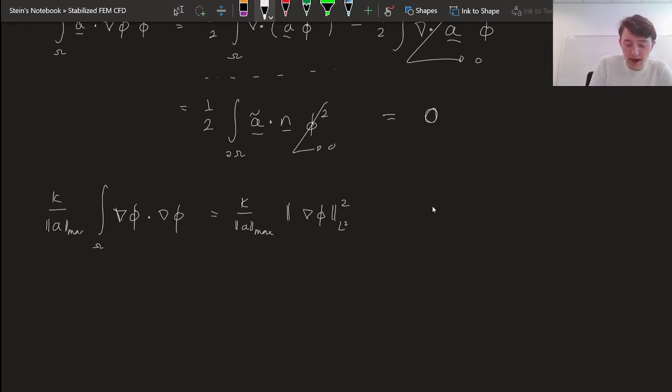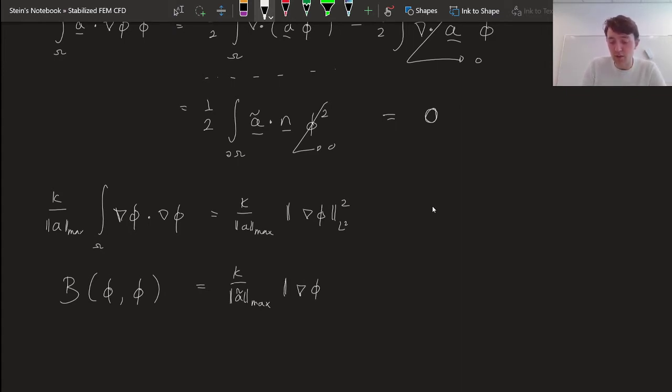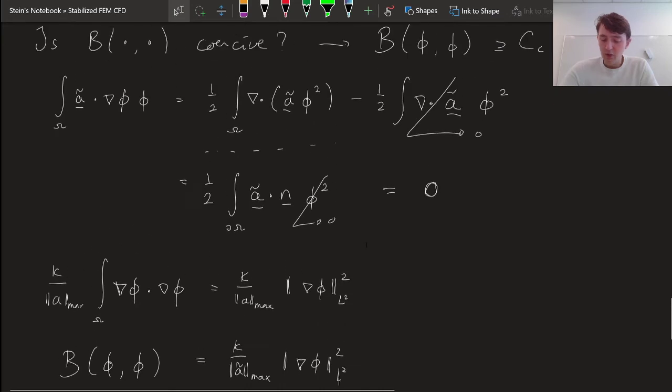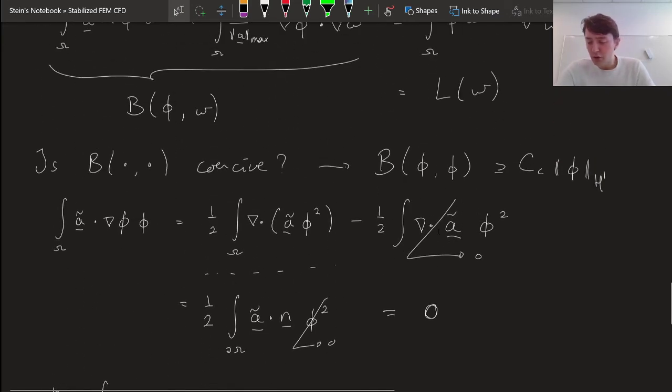So far what we have is that if I substitute phi in both slots of our bilinear form, then the result is going to be equal to kappa times the maximum magnitude of this vector field times the L2 norm of the gradient of that function. So this seems like we're getting close. Of course, we're interested in the H1 norm. Sorry, this should also be a square.